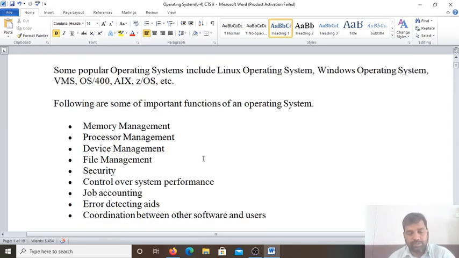So what are the components of the operating system? Basically, an operating system is divided into two components, shell and kernel. The shell handles the interaction with the users.